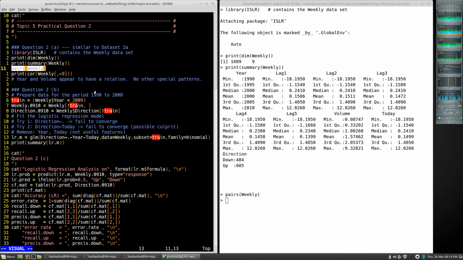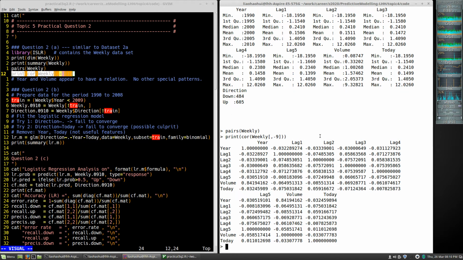To check this numerically, we generate the correlation matrix, and we find that except for Year and Volume, which are related, all others are less than 0.5, plus or minus.